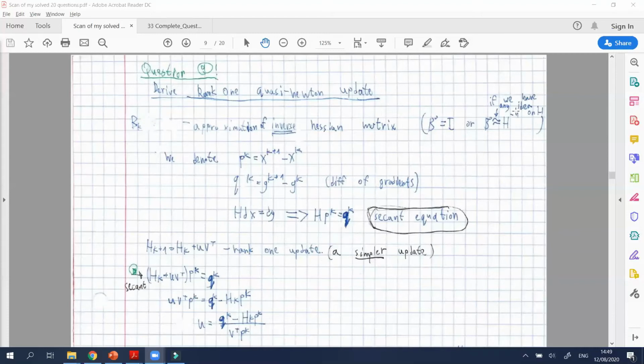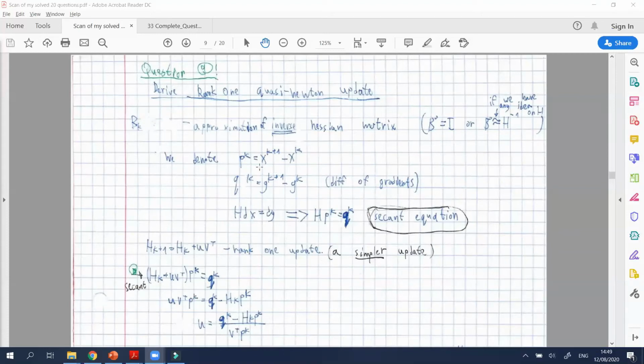But in most cases, we just use I, the identity matrix. So what we will denote is PK, which would be the difference between the current point and the last point, and QK would be the gradient of point K plus 1 minus the gradient of the last point.